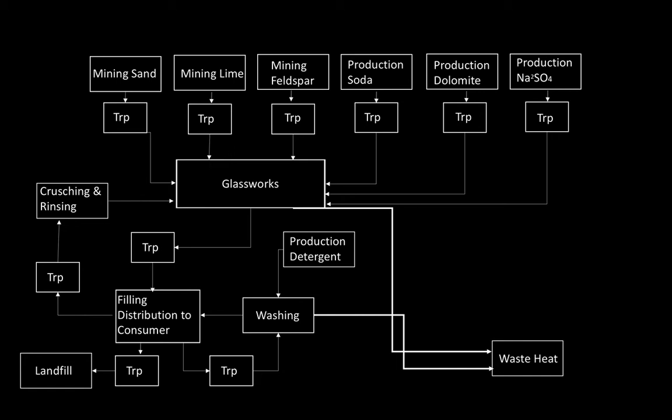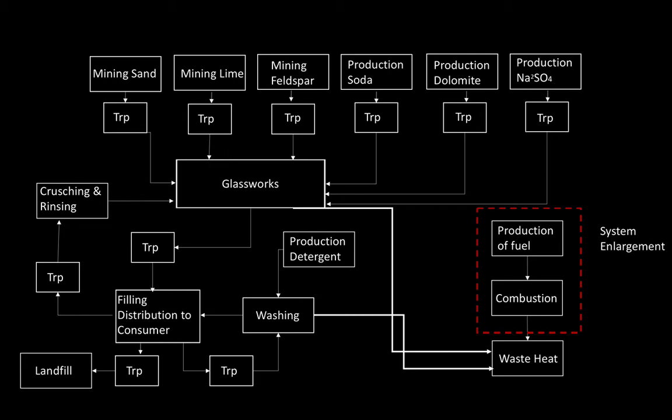Used as district heating, it replaces other forms of heating. So some material is combusted to produce heat that can be removed from your analysis. But not only that, you then also need to analyze the production of fuel. And this together is the system enlargement. So the emissions from this production of a fictive fuel, combusted and sent into district heating, can be subtracted from your analysis.